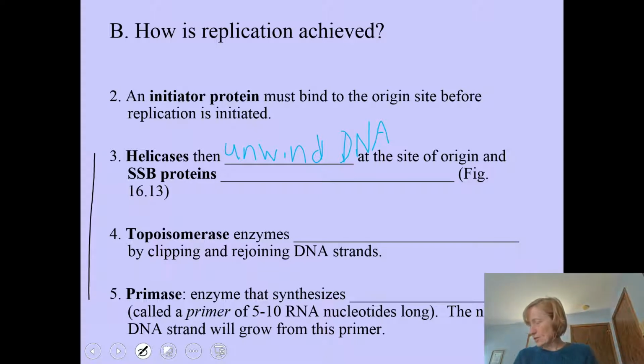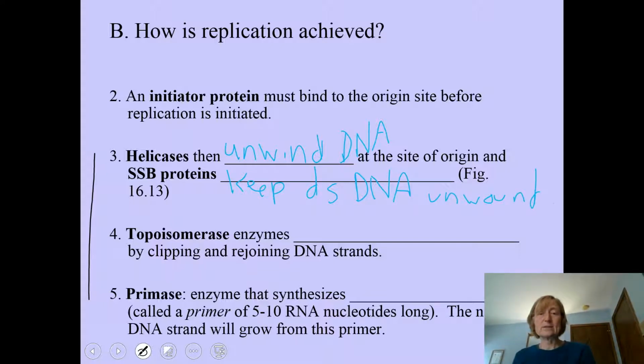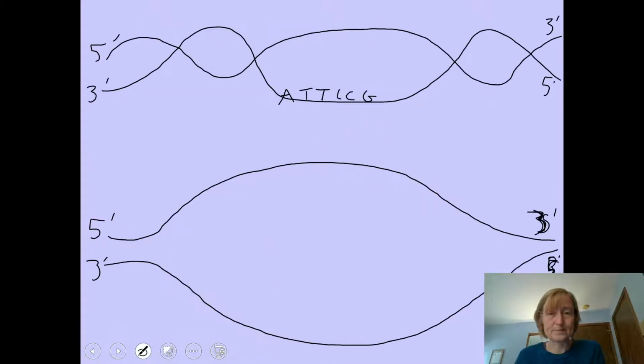The SSBs bind to the DNA and keep the double-stranded DNA unwound. We need to have it unwound in order to replicate it, okay? That's what DS stands for there.